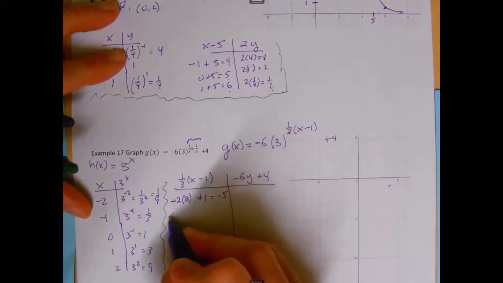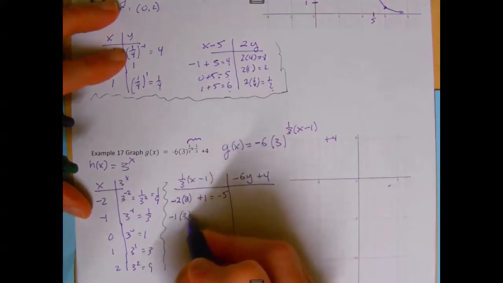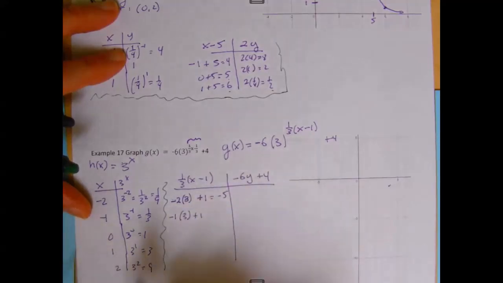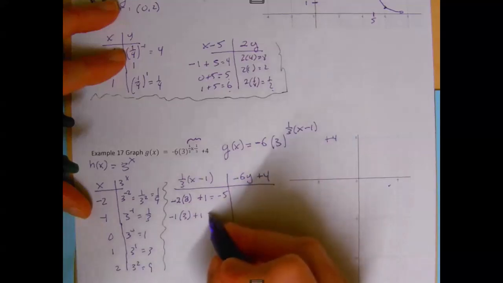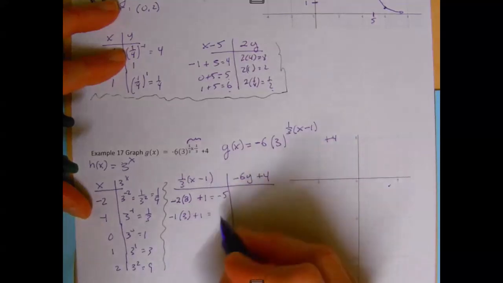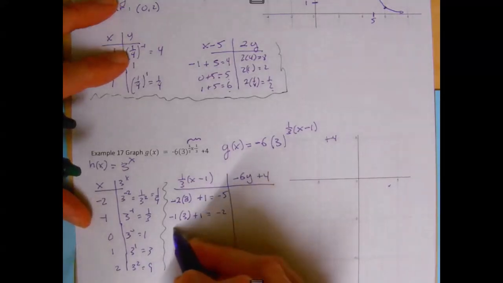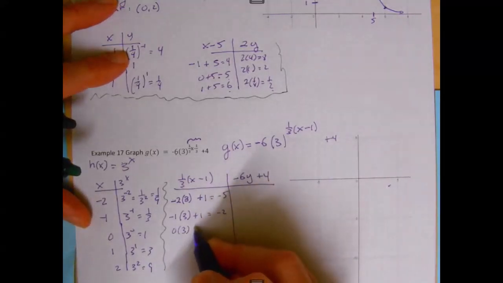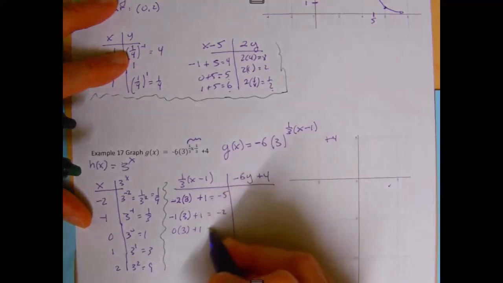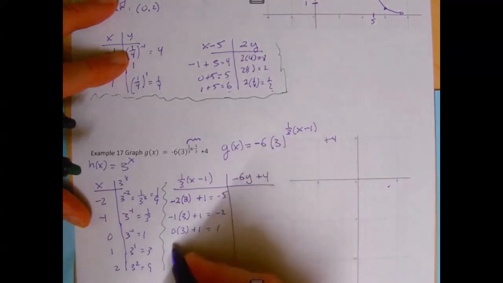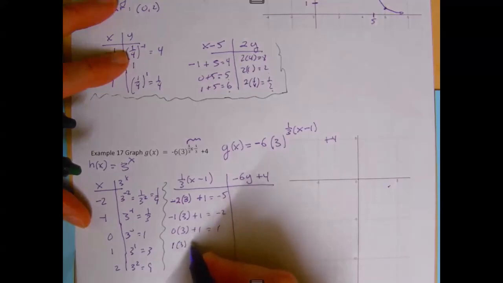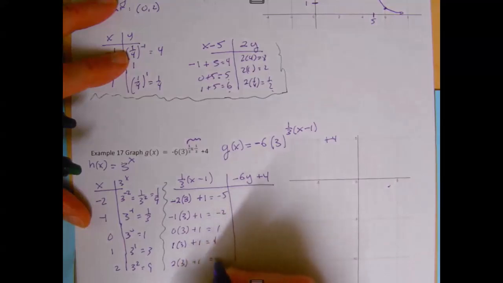How about -1? -1 times 3 plus 1. I don't know why I'm having a hard time, but I am. -2. Okay. 0 times 3 plus 1 is 1. 1 times 3 plus 1, that's 4. And finally, 2 times 3 plus 1, that's 7.